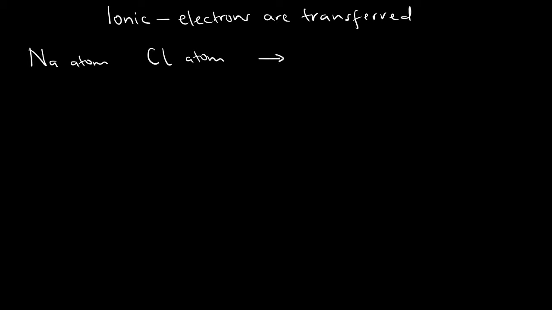And when this happens, our sodium atom has 2,8,1, while our chlorine atom has 2,8,7. So when the transfer takes place, we shall then form a sodium ion plus our chloride ion, and we shall have a change in the number of electrons.